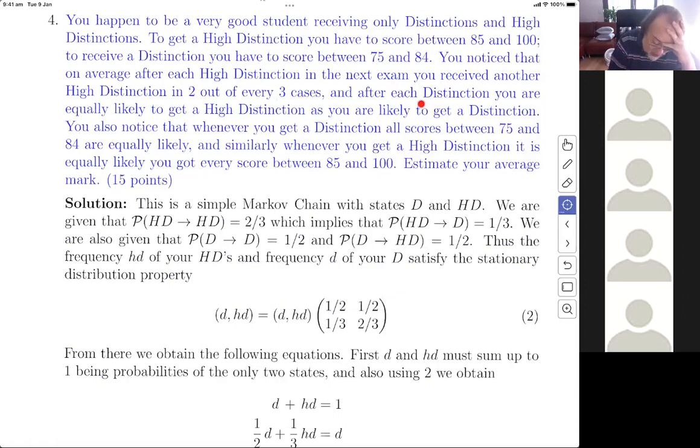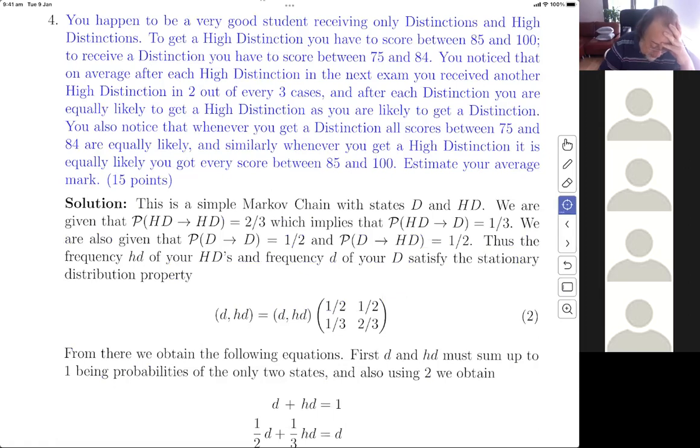And after each distinction, you are equally likely to get a high distinction as you are likely to get a distinction. And you also notice that whenever you get a distinction, all scores between 75 and 84 are equally likely. And similarly, whenever you get a high distinction, it is equally likely that you got any score between 85 and 100. And using this data, you want to estimate your WAM, your average mark.